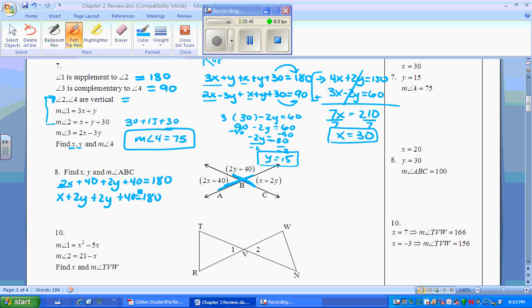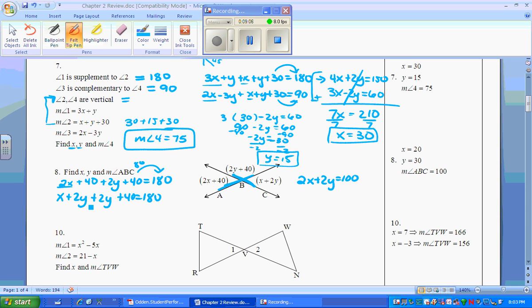Simplifying this, 2x and then 2y, and then we got 40 and 40 is 80, but the 80 needs to go this way, so that means that's 100. So one equation, I'm going to write it over here, is 2x plus 2y equals 100.